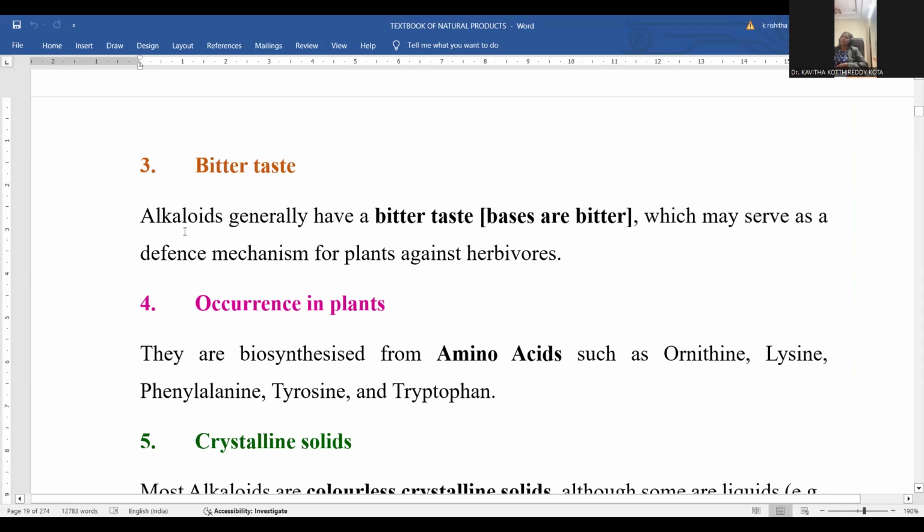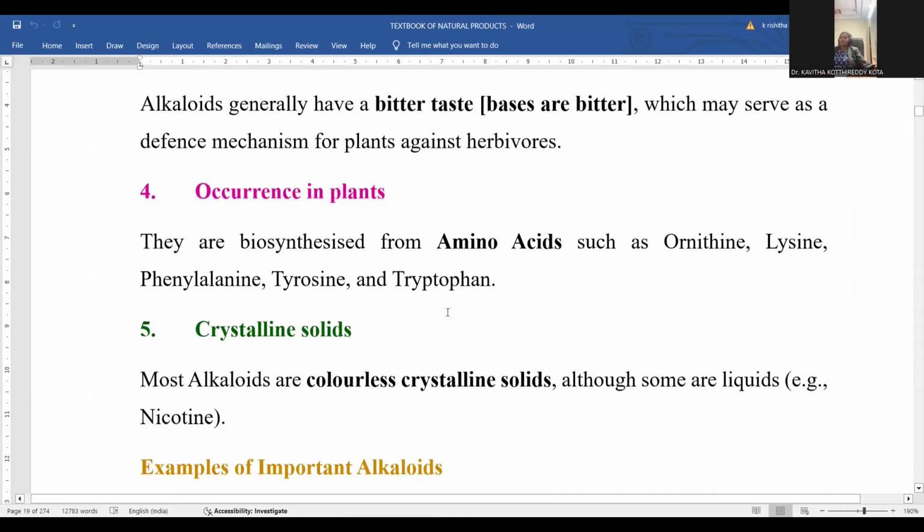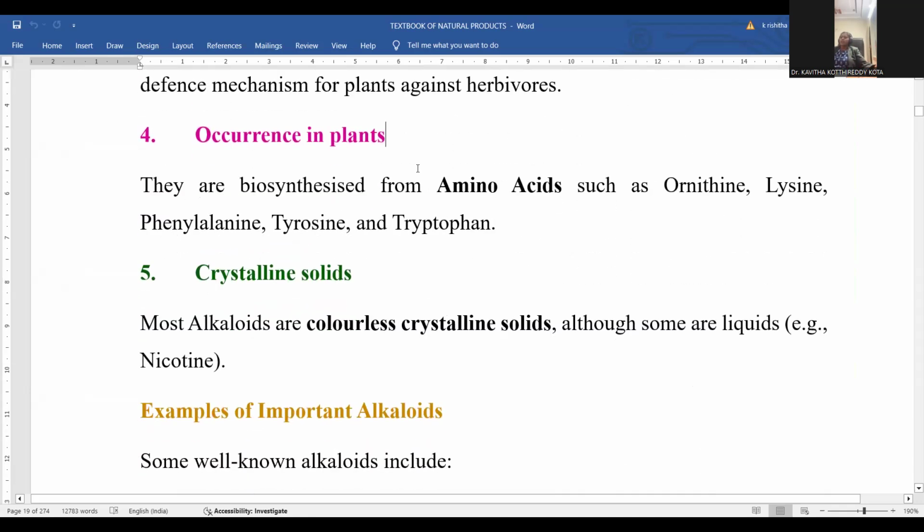This is the reason why alkaloids have their own defensive system because of their bitterness. They prevent the plants from becoming a kind of fodder for herbivorous animals, so they are able to protect themselves, right? So this is regarding the bitter taste and occurrence in the plants.